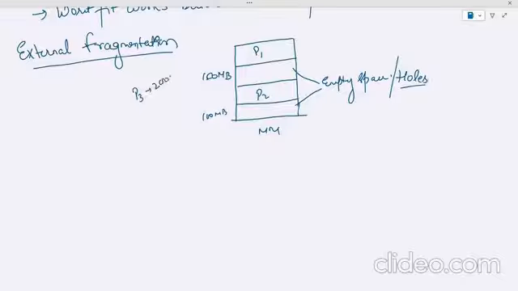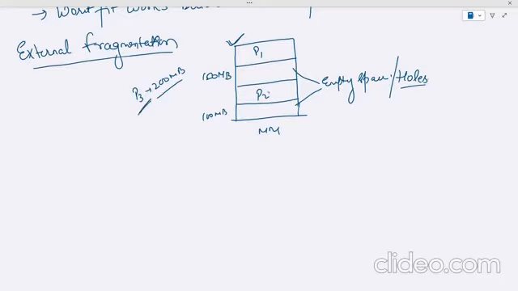P3 needs 200 MB of space. Does P3 get the space in this main memory? Our answer is no, because this block is of 150 size and the last block is of 100 size. So there is no block of 200 size, and definitely P3 is not able to get the space.